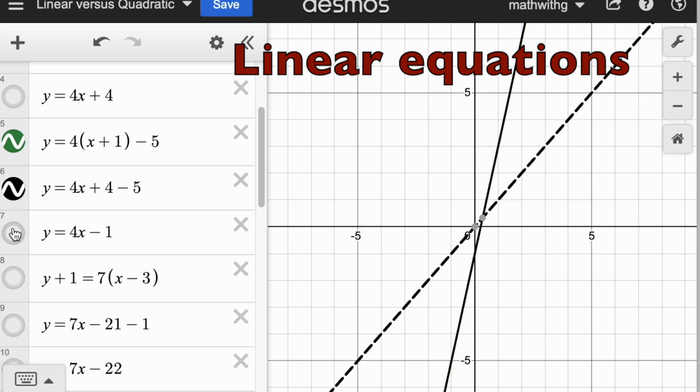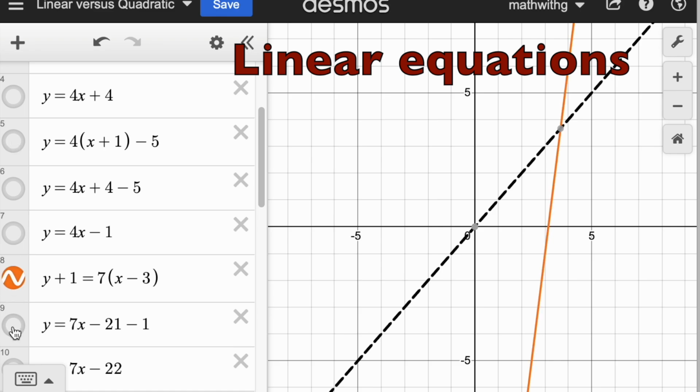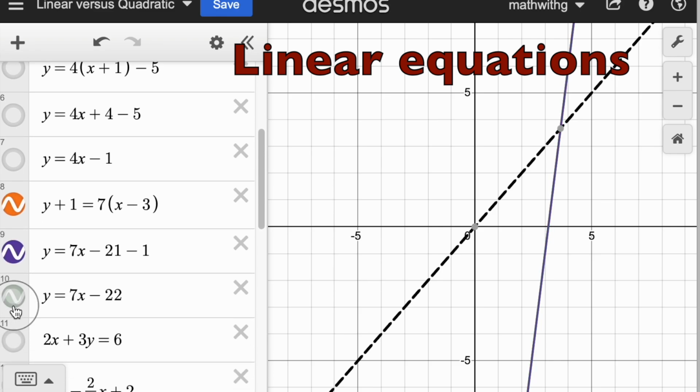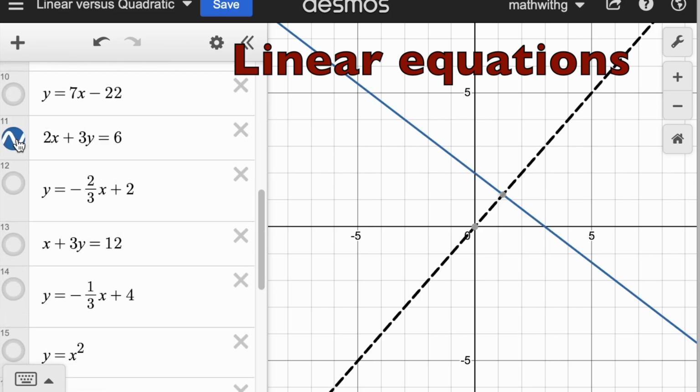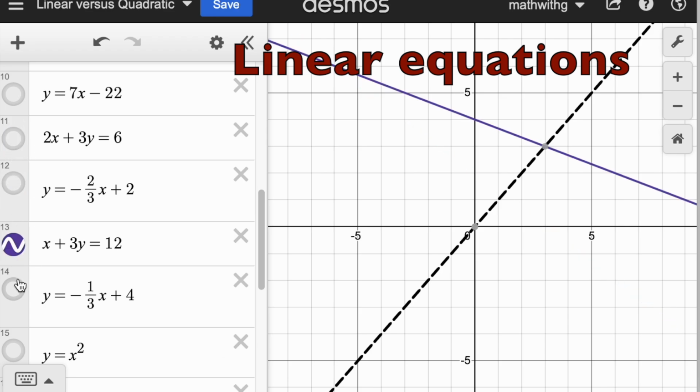These 3 are exactly the same. This one, and that one, all the same. That one, same. That one, same. All of these are lines.